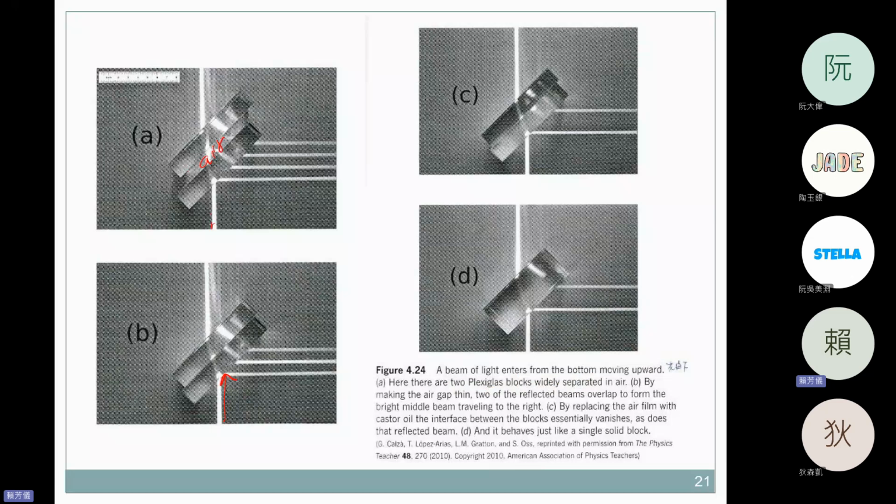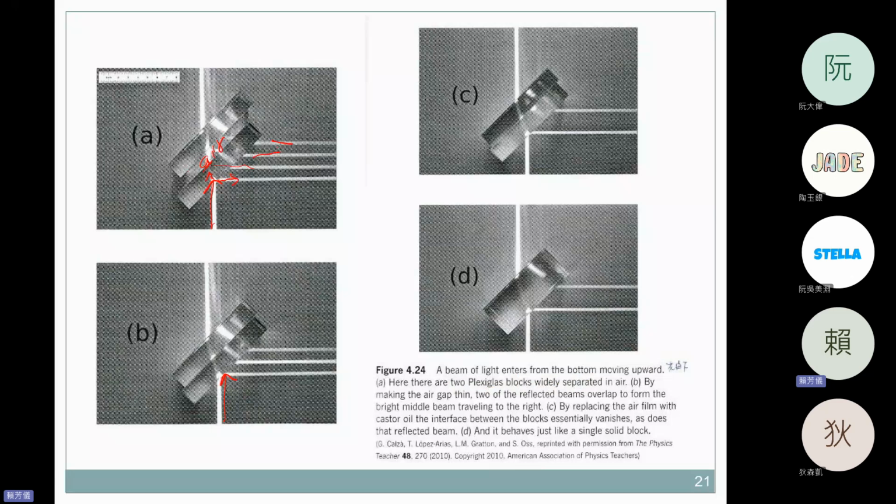When the light is incident on the Plexiglas, at every interface you will see the reflected light and the transmitted light.